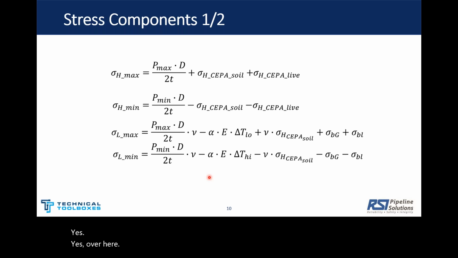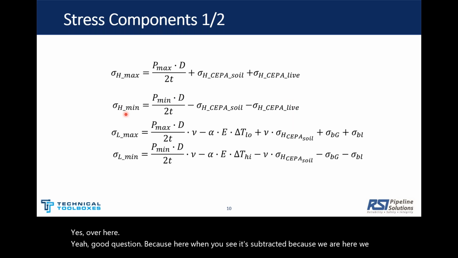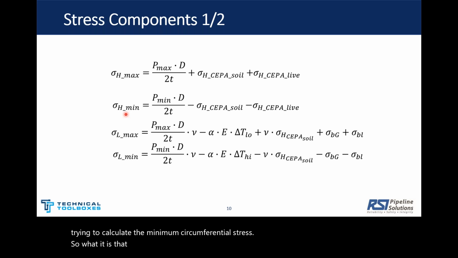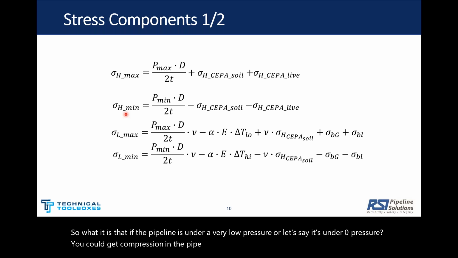Oh, yeah, good question. It's subtracted because we are trying to calculate the minimum circumferential stress. If the pipeline is under a very low pressure, or let's say zero pressure, you could get compression in the pipe, right? So what's the maximum amount of compression?